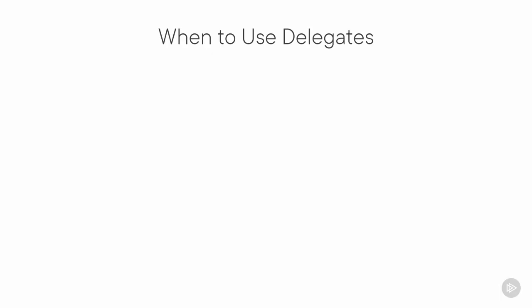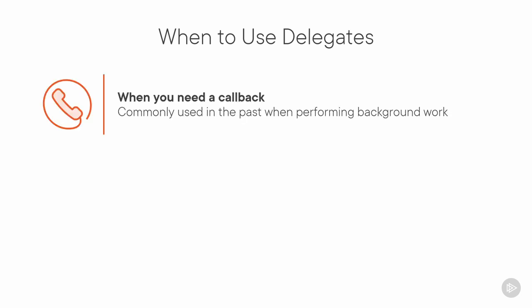Let's talk about a few common use cases for delegates. Use it to receive a callback when a certain operation completes. This was a lot more common in the past, where you might have executed work on a separate thread, and after that work completed, you wanted to execute a particular method.